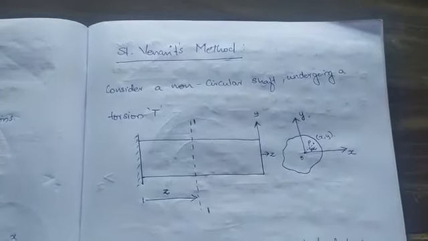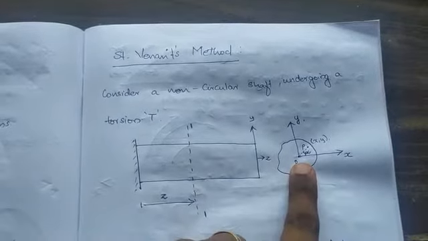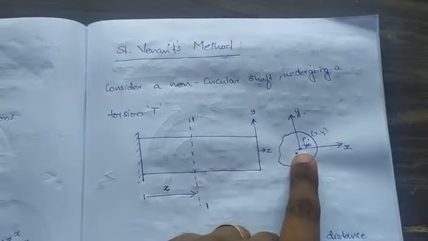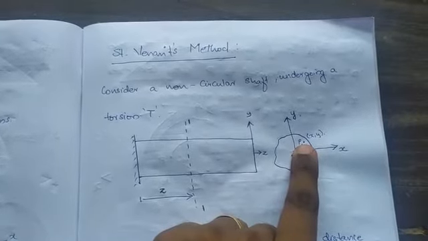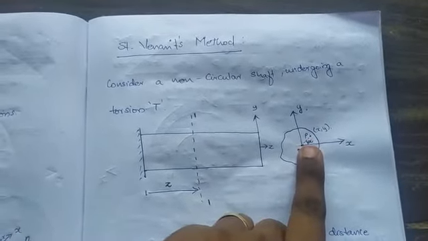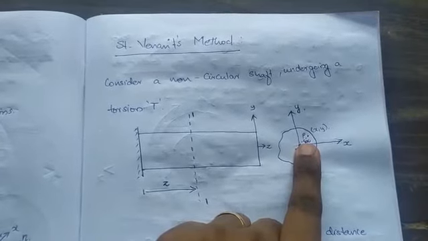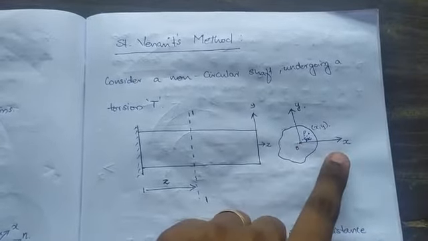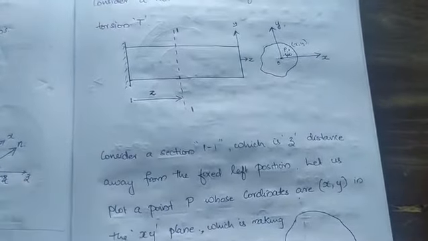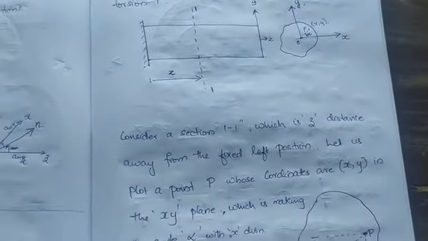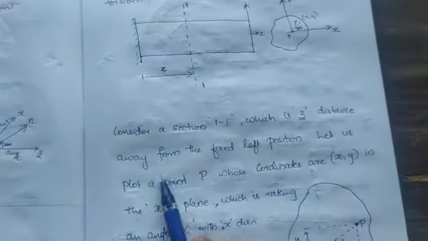Better you consider this as a reference point O. From there, the point P has coordinates x, y, and it is inclined at an angle alpha with the x-axis. Consider a section 1-1 which is z distance away from the fixed left position.